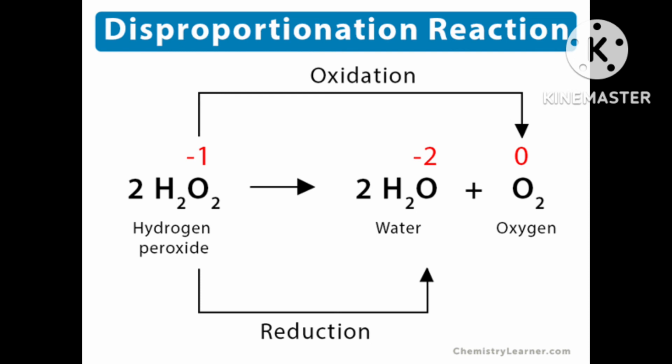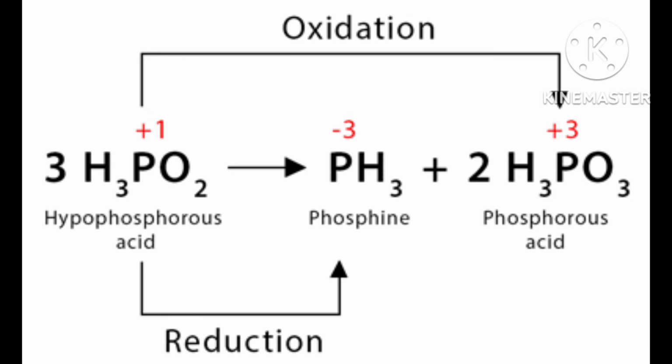Sulfide, 4S2 minus, is in the minus 2 state, and in 2S2O3 2 minus the oxidation state of sulfur is plus 2. This is also an example of a disproportionation reaction.